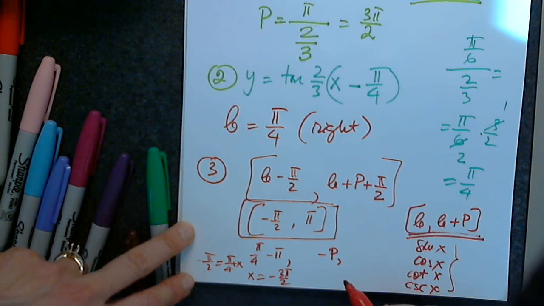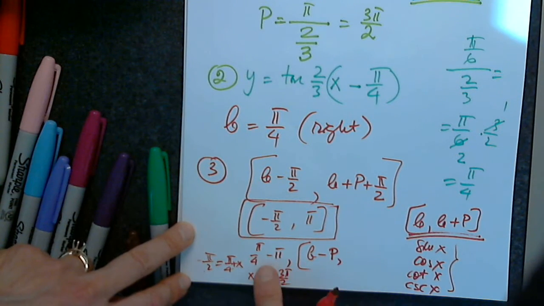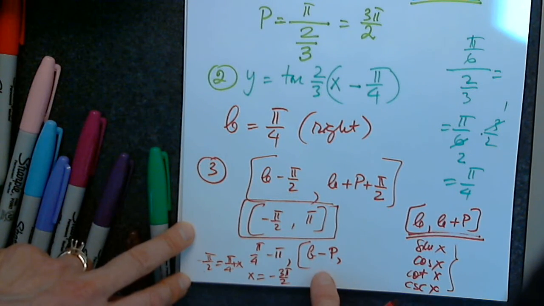But actually it's b minus the period. Okay. b minus the period, so that will be pi over 4 minus 3 pi over 2. Right? So pi over 4 minus 3 pi over 2.